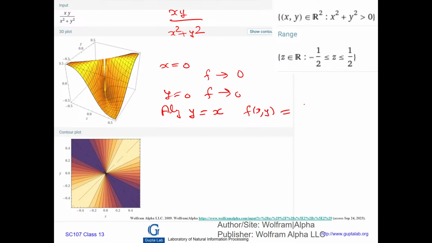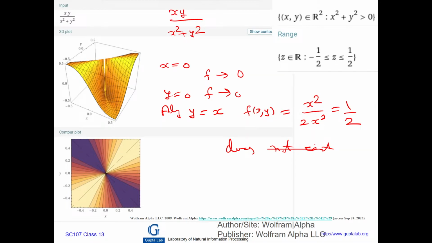X square divided by 2x square is equal to half. हो गया काम, right? In two cases, the limit is 0. In one case, limit is half. Limit should be same in all the three cases. So it does not exist.